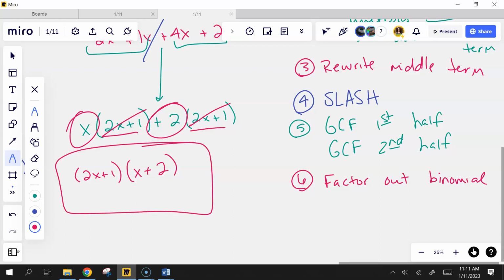Binomial just means two pieces, two terms. If this was x times y plus 2 times y, and I asked what's the GCF, what would you tell me? Look at this: xy plus 2y, what's the GCF? y. They both have a y.